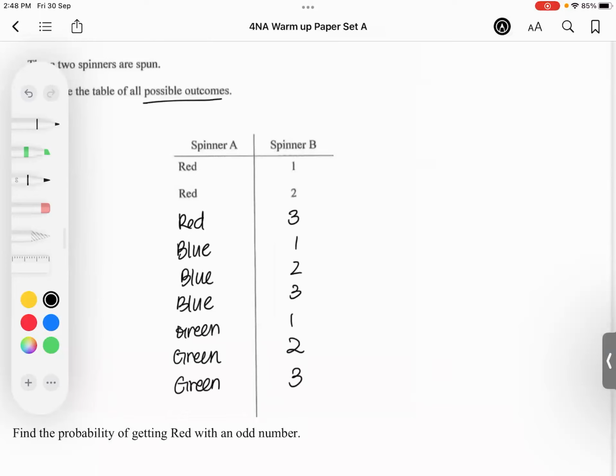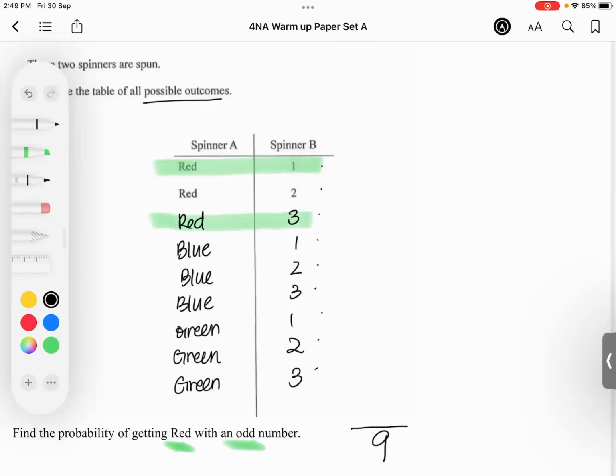What you need to do is count 1, 2, 3, 4, 5, 6, 7, 8, 9. A total of 9 possible cases, so the denominator must be 9. Next, look at the conditions. I want red with an odd number.